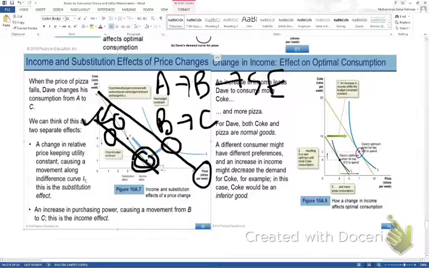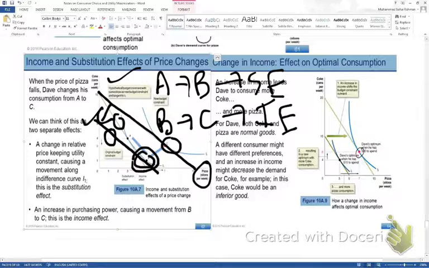Because the artificial budget constraint and the new budget constraint are parallel to each other. So between B and C, your income is different. At point C, your income is higher. At point B, your income is lower, but your prices are the same. Now, when you move from B to C, this is pure income effect. Remember, this is a normal good. Your income effect tells you that if your income increases, you buy more of that good.